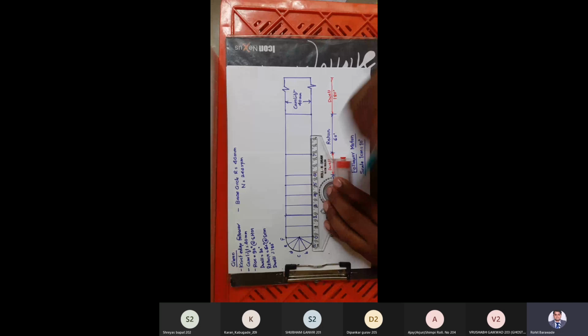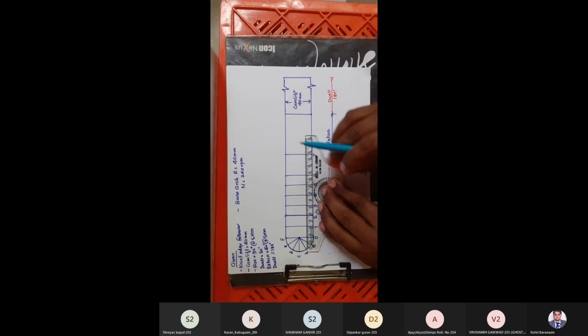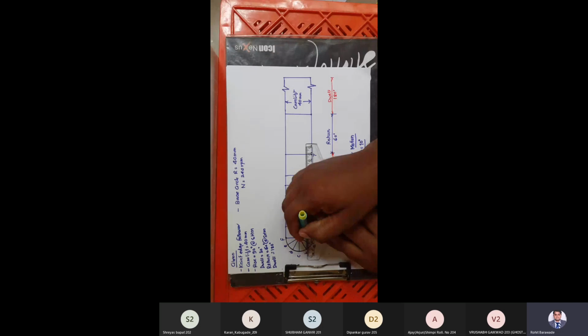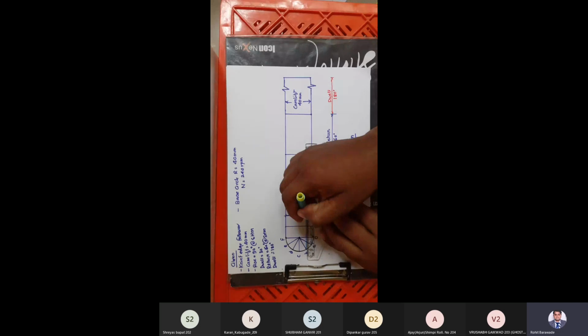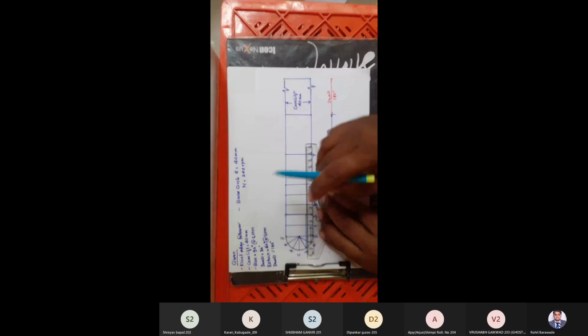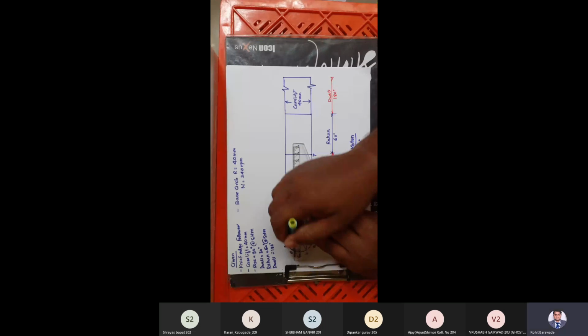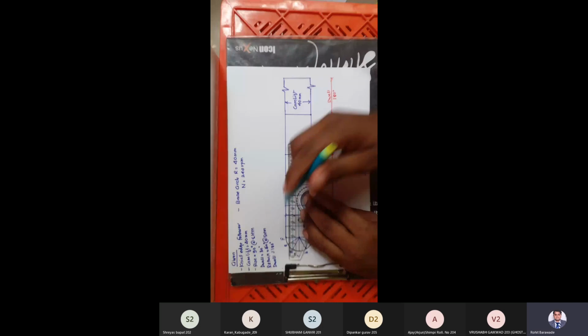Then moving to the B position, this B point line I draw up to the second point. Then the C point, this line I draw up to the third point. Then the D point up to the fourth point. Then the E point up to the fifth point. And F is at the last. So these lines cut at some points. So here it is the cutting point.